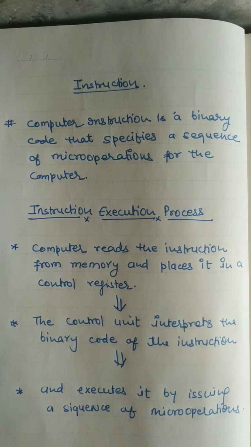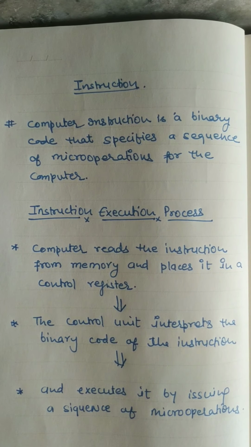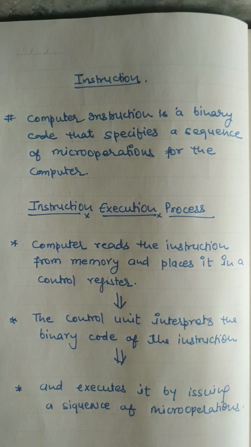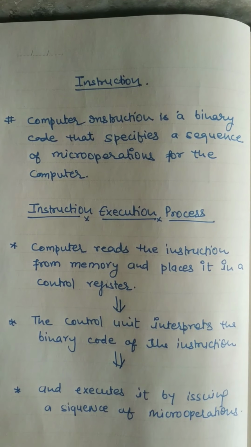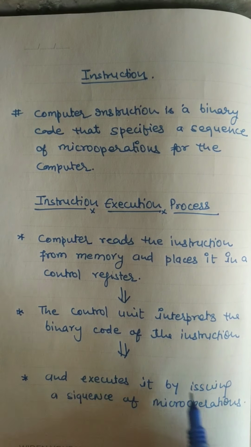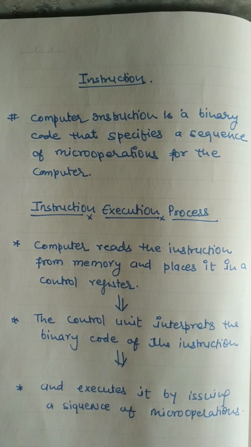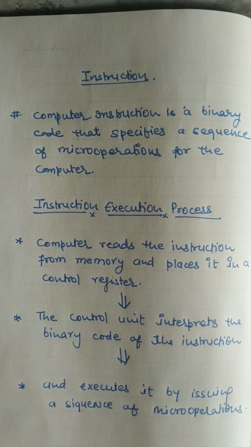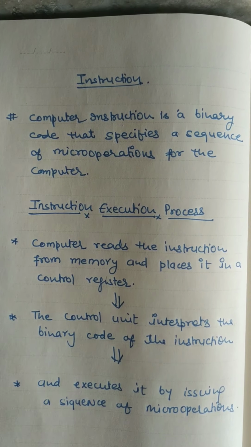The control unit then interprets its binary form, that is, it separates the different parts of the instruction like operators, operands, and the addresses from where we can get the operands, and then executes it by issuing a sequence of micro operations. Then the control unit passes signals to the different parts of the computer so that the given instruction can be executed.